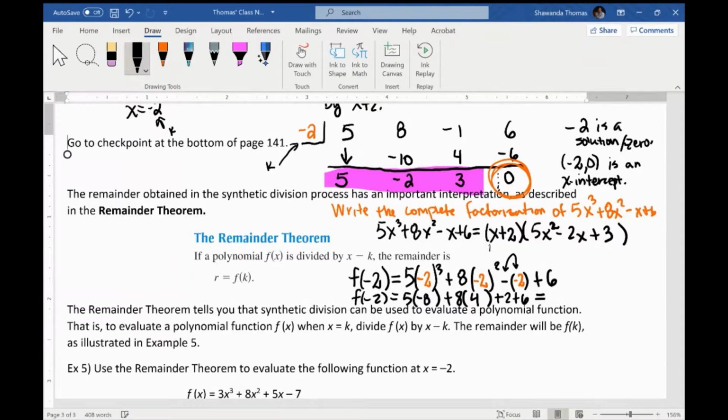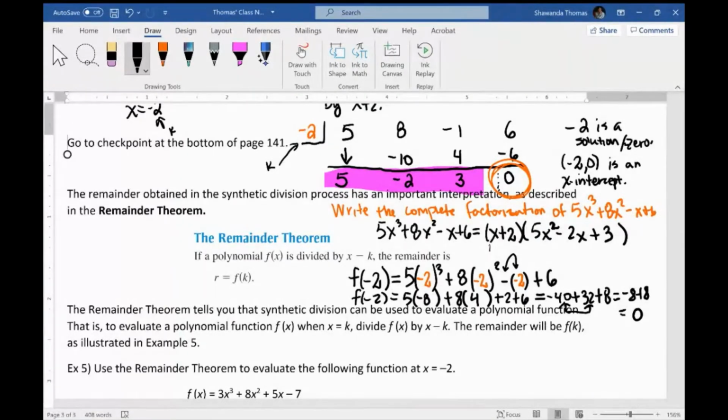What's 5 times -8? -40. -40 plus 8 times 4? 32. Then I'm going to add this 2 and this 6. That's 8. What's -40 plus 32? -8, right? We get 0. Yeah, my bad.